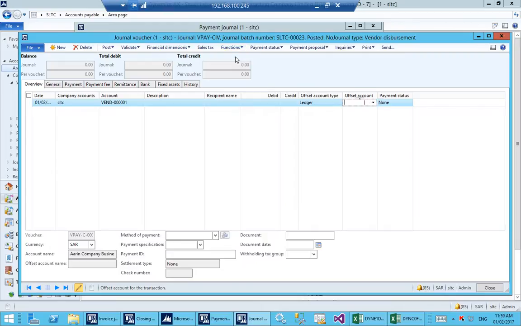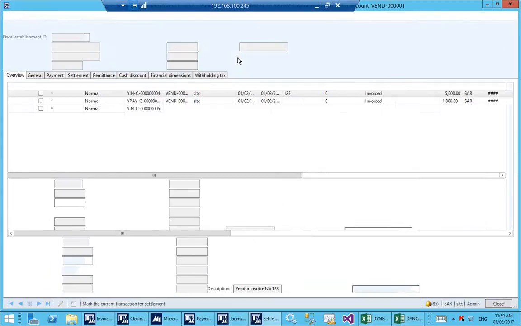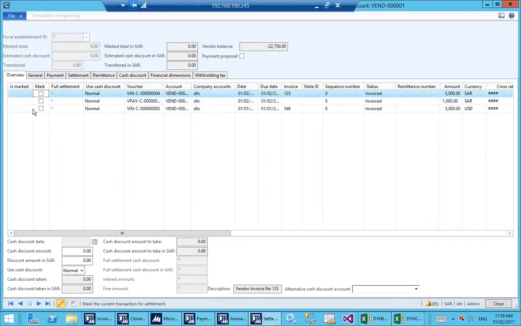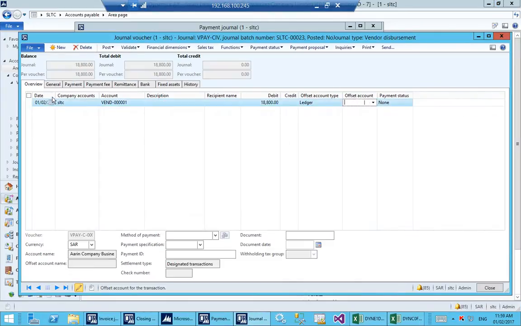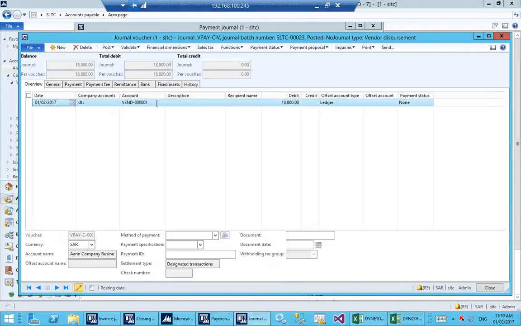Function settlement. This is 5,000 USD. Okay. Transaction date. Okay, the transaction you will make 1st February. Yes.